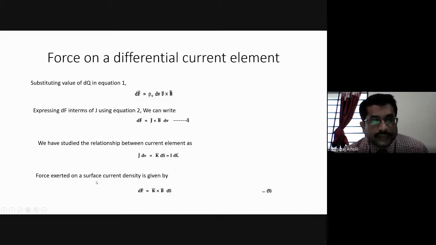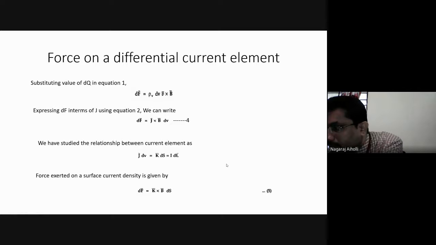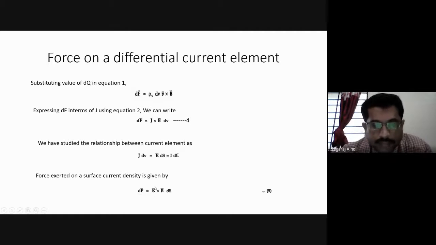Next, the force exerted on a surface current density. If we want to find the force on a surface current density, it is given by dF bar equals K bar cross B bar ds.